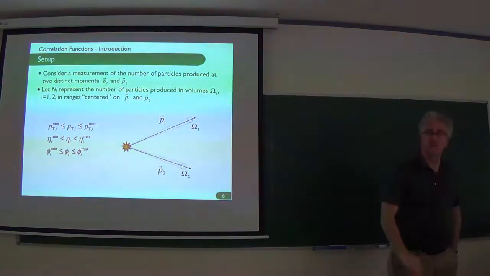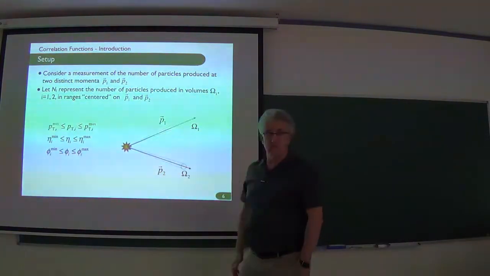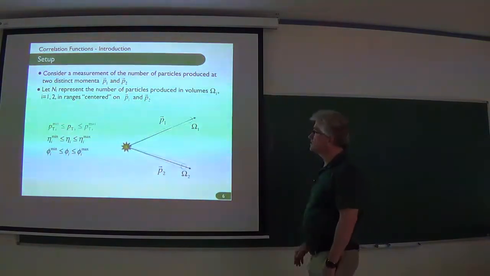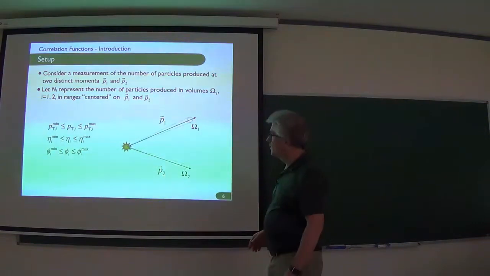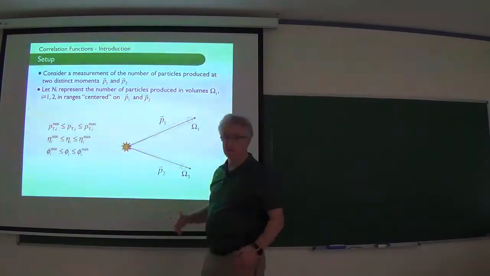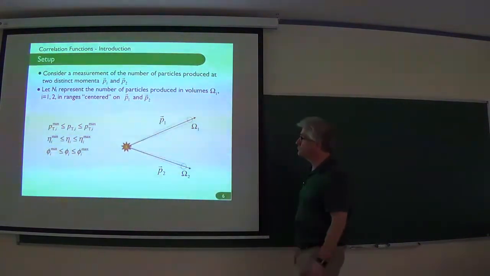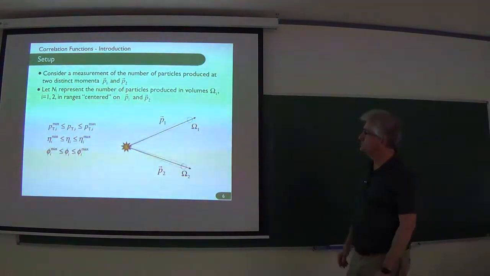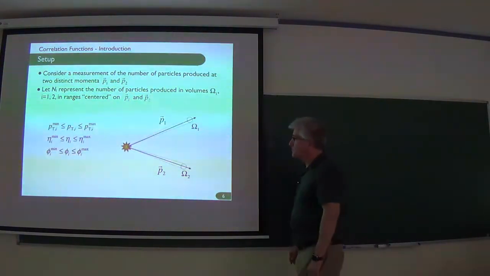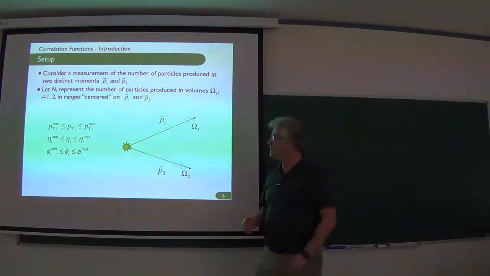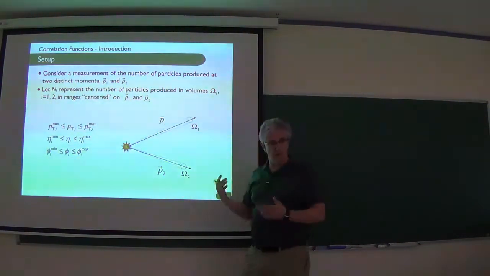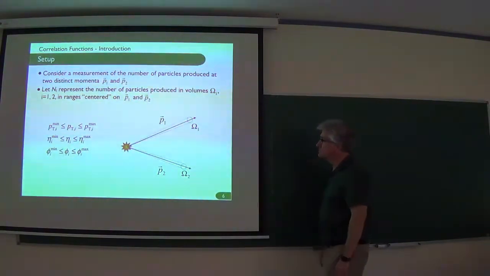Okay. So let's set up the problem in a simple way. Let's suppose that we're measuring some collisions. And so there's a collision happening here, let's say lead on lead or proton on proton at some fixed energy. And out of this collision, many particles are coming out, but I'm going to focus on two of the many particles that are produced.